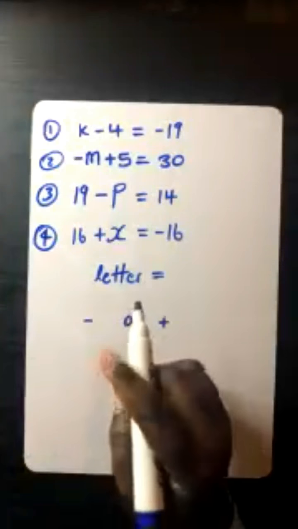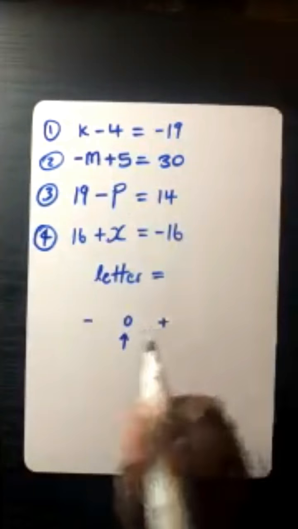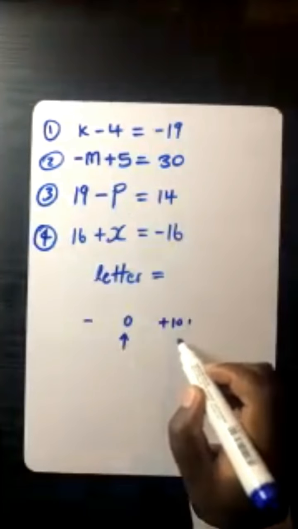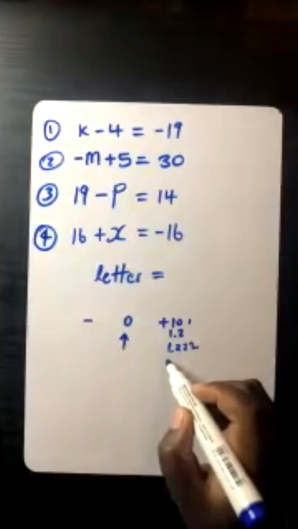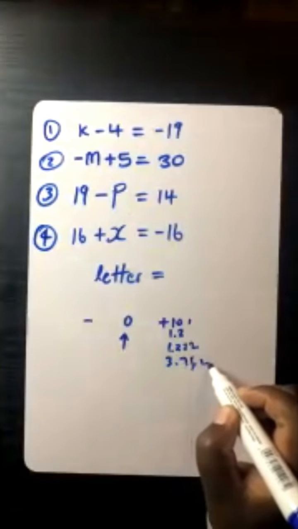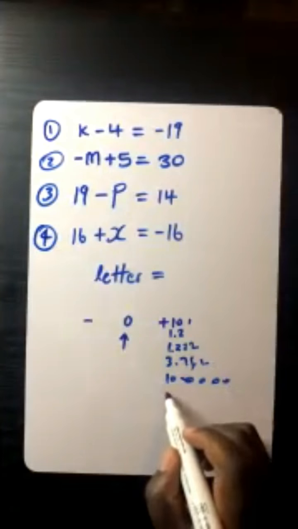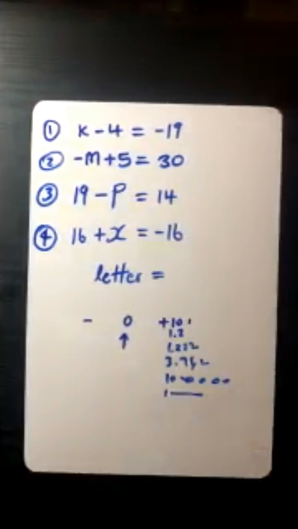Shreyas, an unknown can be 0. Again, Shreyas, an unknown can be any positive number, which could be positive 10, positive 1, positive 1,222, positive 100,000, positive 1 million, positive whatever number, Shreyas.